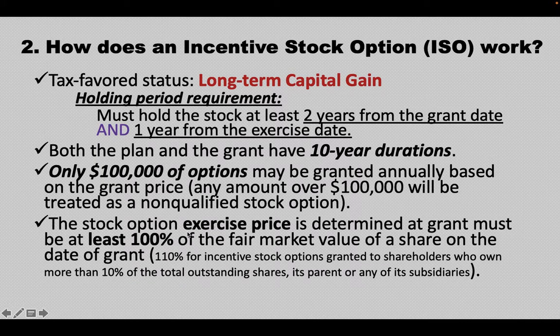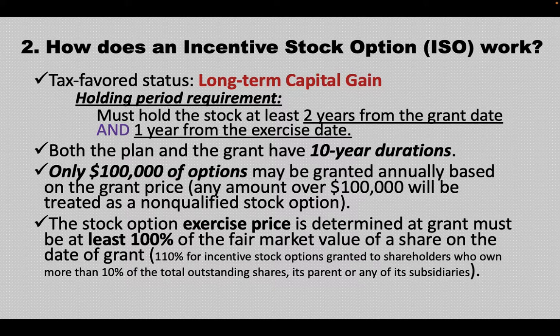So basically here, it's saying when you are granted the stock options, the exercise price must be at least the fair market value of the price. Your stock option cannot be issued at a discount. If issued at a discount, you are not qualified for the long-term capital gain rate. So that's something they try to tell you here.